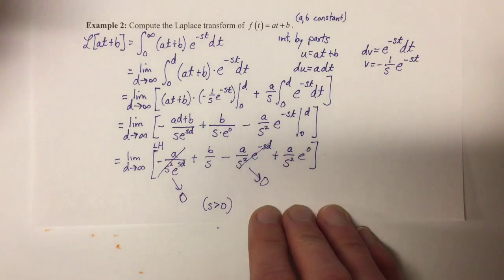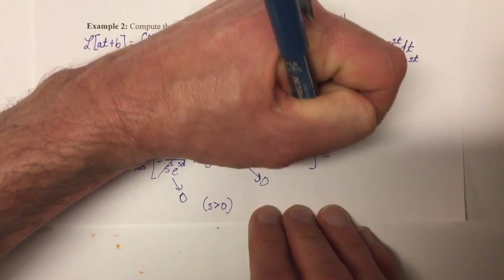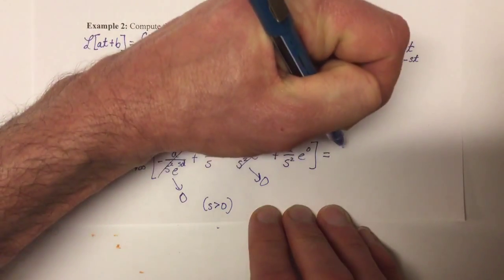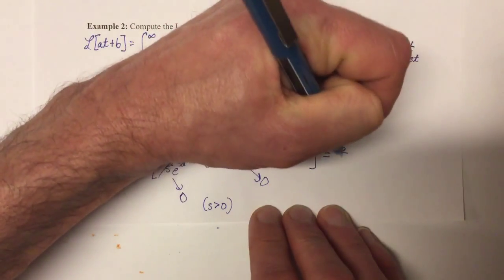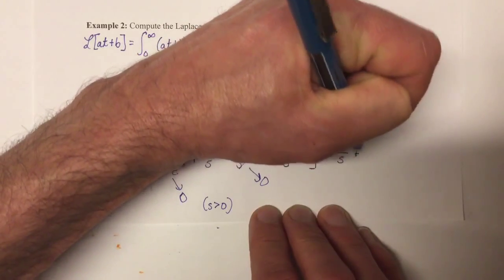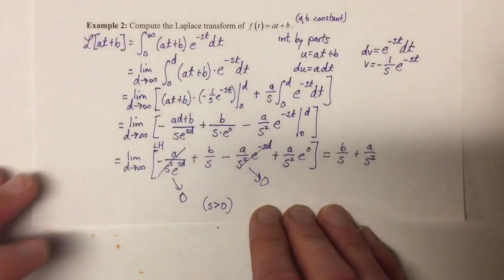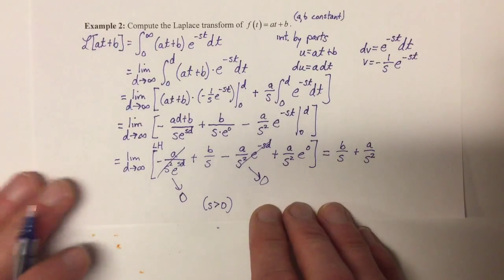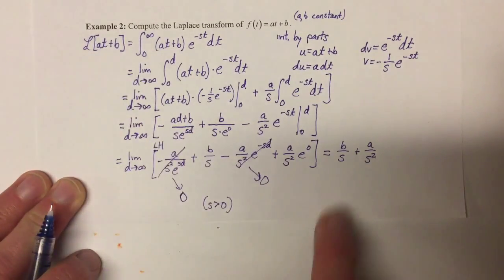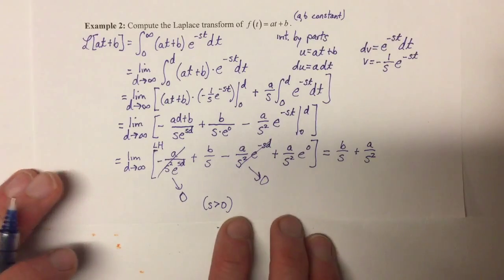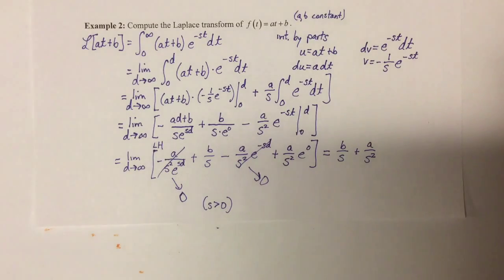Okay, and so finally we will have that this is equal to b over s plus a over s squared. So the Laplace transform of at plus b is b over s plus a over s squared.